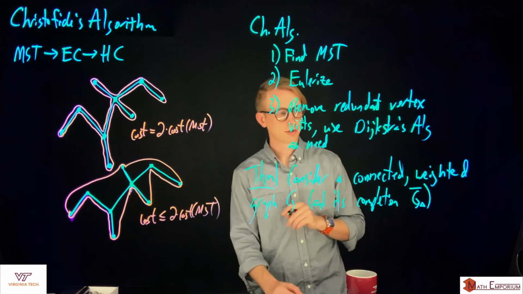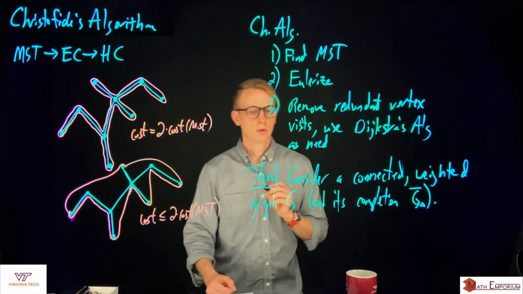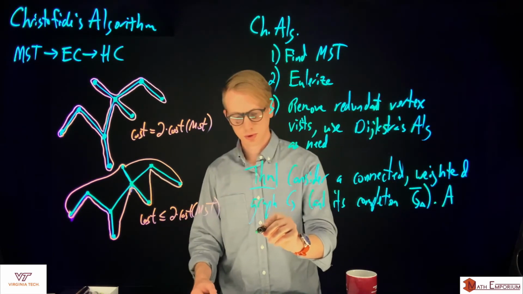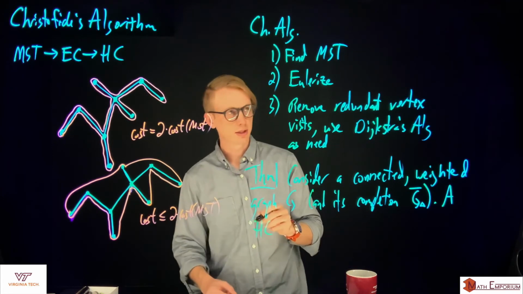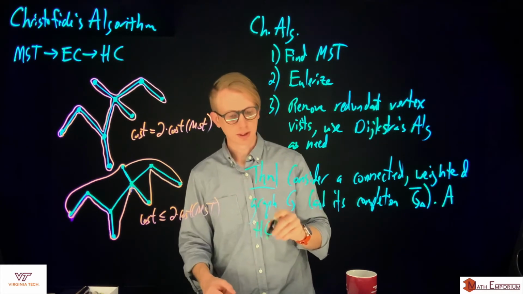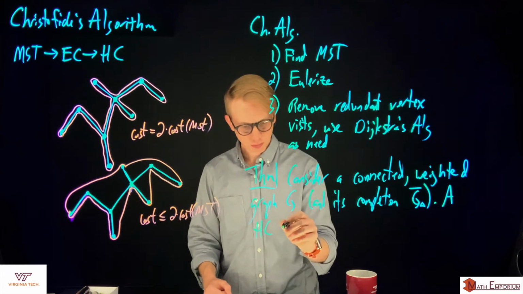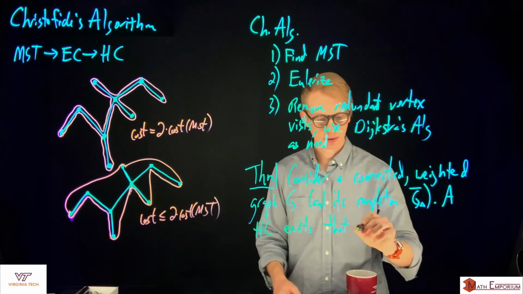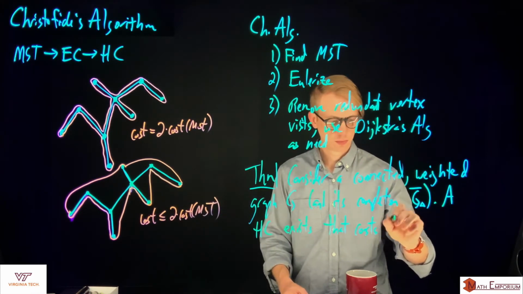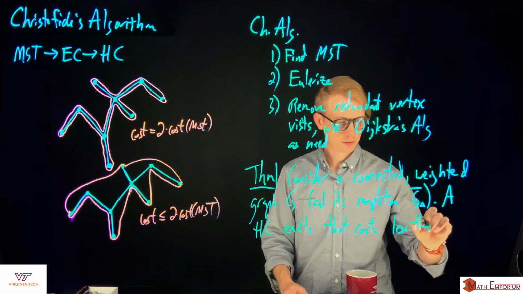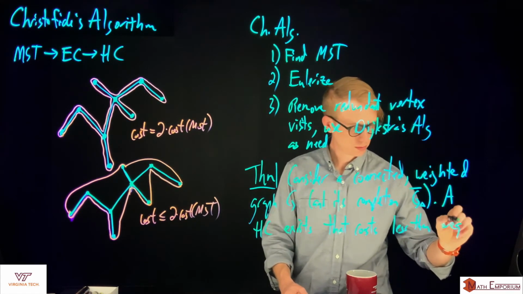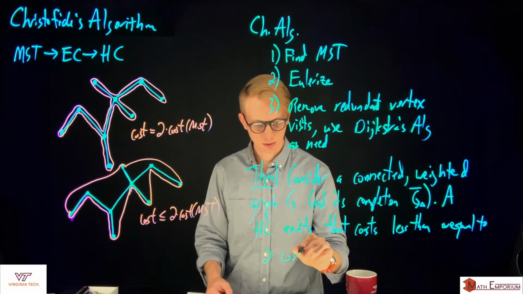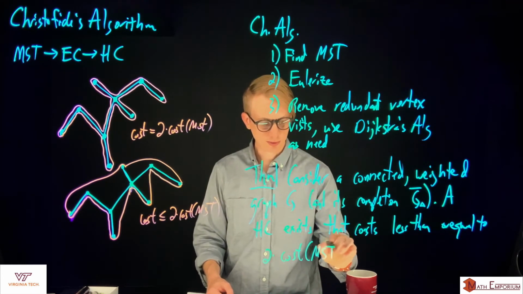This is just so we can refer to this thing. A Hamilton circuit, or cycle, whichever one you like. I say both, I guess, a lot now. I used to always say Hamilton cycle. A Hamilton cycle exists that costs less than or equal to 2 times the cost of a minimal spanning tree.